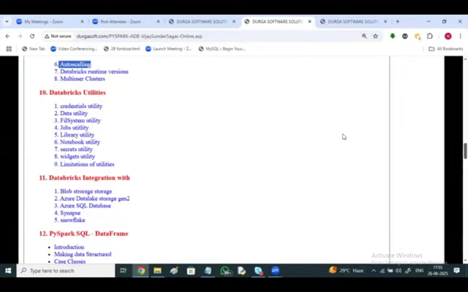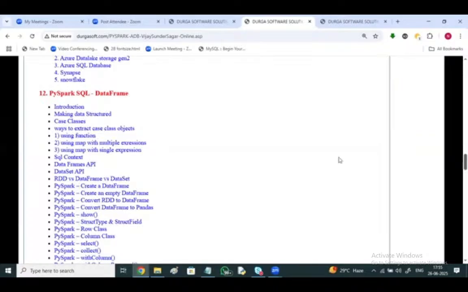Databricks utilities like credential utility, data utility, file system utility, job utility, library utility, notebook utility, secrets utility, widgets, and limitations of these utilities. Databricks integration with Azure Data Lake, Azure SQL database, Synapse and Snowflake. PySpark SQL data frames, and different functions of these data frames I'll be discussing.